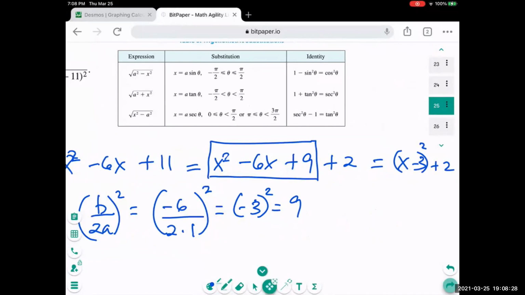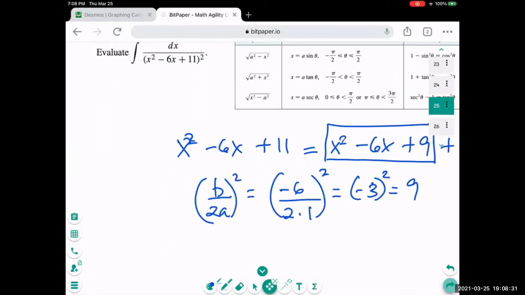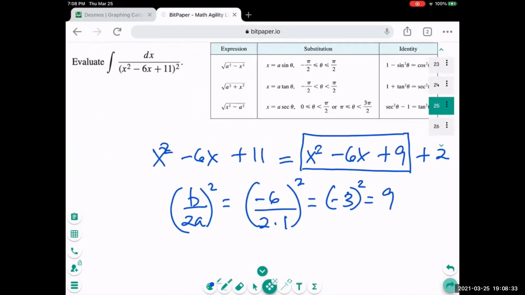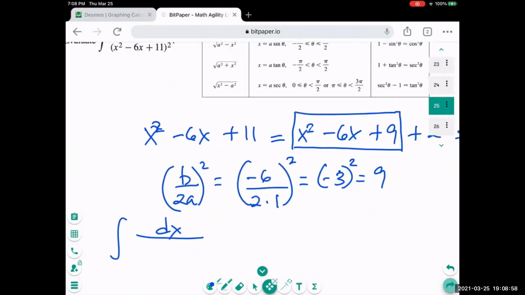So, yun muna yung naging first step natin kasi we wanted to relate yung expression natin sa loob ng integral to the one in the table. So, now, we can rewrite it into dx over x minus 3 squared plus 2, right?